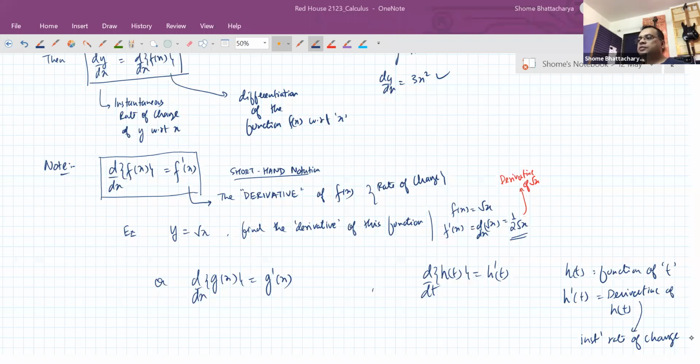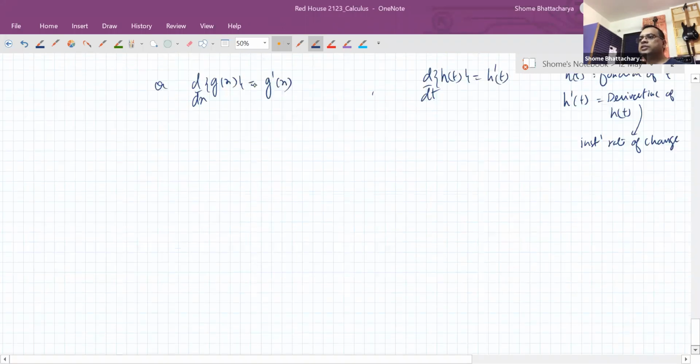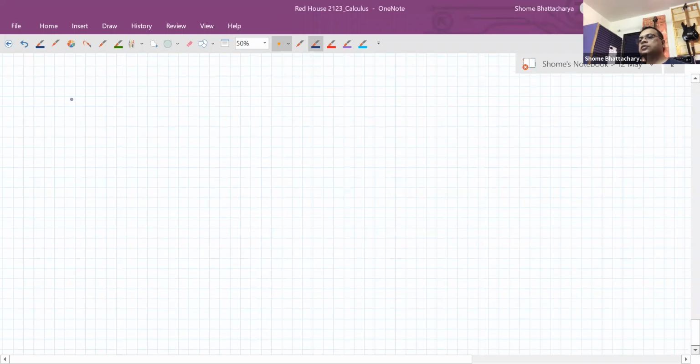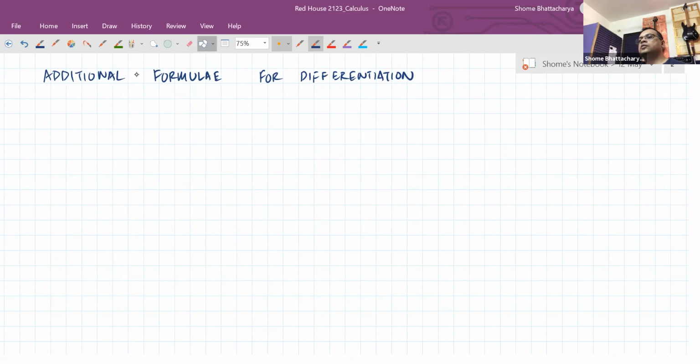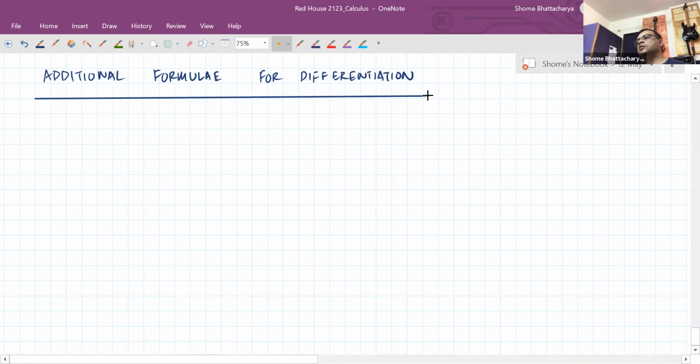Now next we will look at some new formulae in differentiation: additional formulae for differentiation. First of all, we look at trigonometric functions.